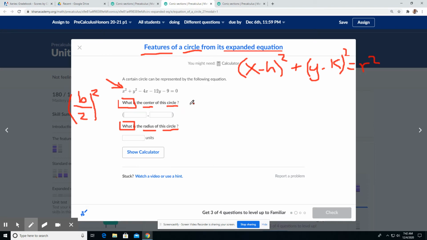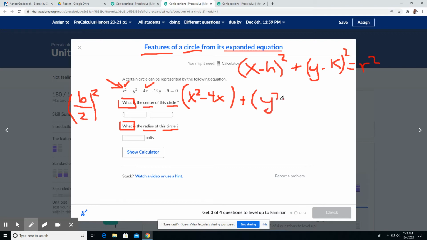All right, so first thing, let's get our x's together. So x squared, minus 4x, and I'm just going to use some parentheses so I can see it kind of isolated by itself. And then we have the plus, and then let's look at the y's.